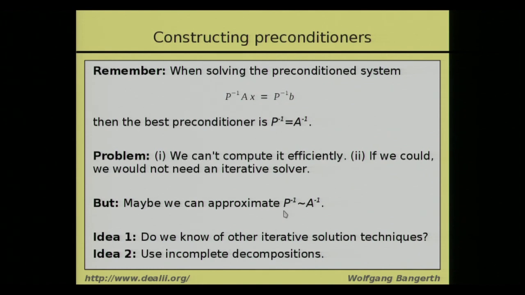If I can't set P to the minus 1 exactly equal to A to the minus 1, maybe I can at least approximate it. And there are essentially two approaches to this for simple problems. Namely, we look at other iterative solution techniques, or we use an incomplete inverse, so let's say an incomplete LU decomposition of this A to the minus 1.